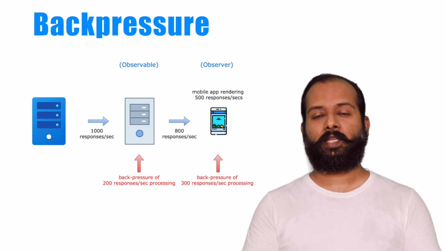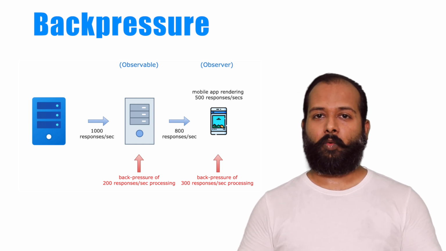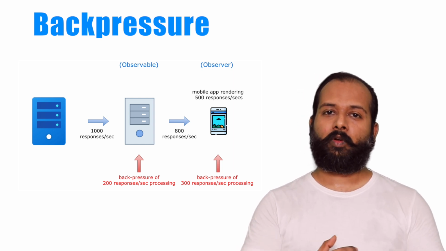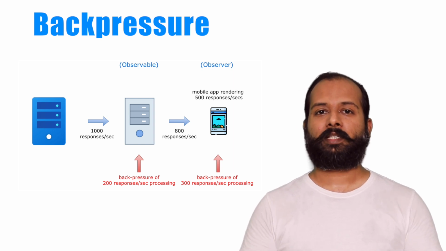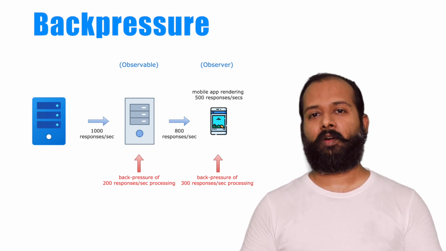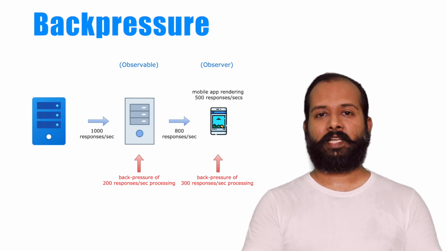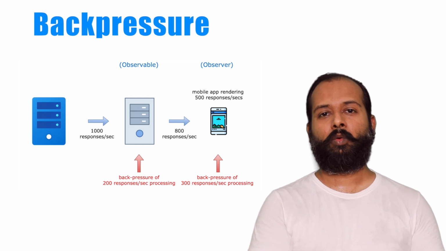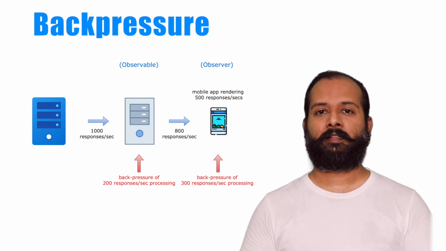In a normal request and response scenario, this problem never occurs. So whenever you have a WebSocket type of connection in your application with the server, then this back pressure problem can or cannot occur, but most of the time this problem happens. So this pressure that is building on server 2 and on the application side is basically known as back pressure.